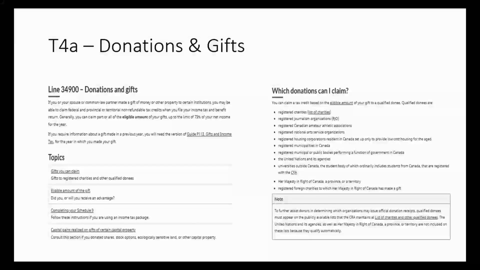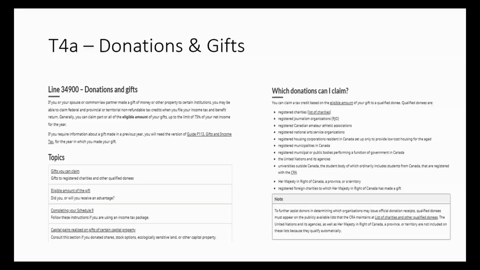If you require information about a gift made in a previous year, you will need the version of Guide P113, Gifts and Income Tax. Okay, which donation can I claim? You can claim a tax credit based on the eligible amount of your gift to a qualified donee.